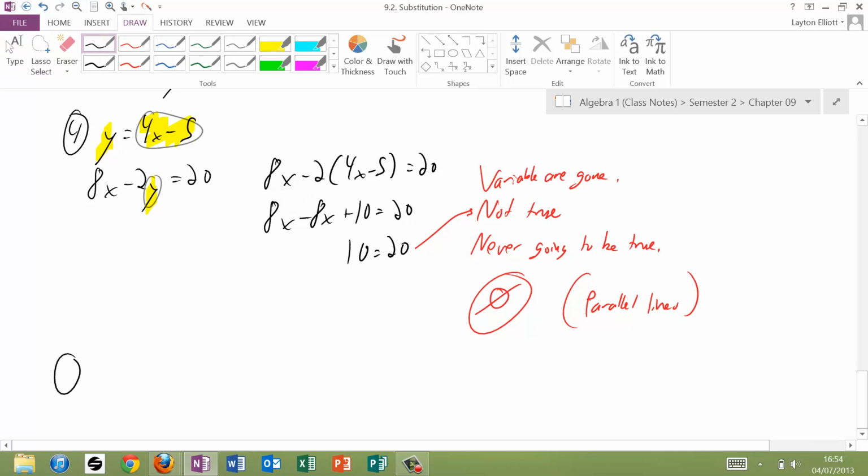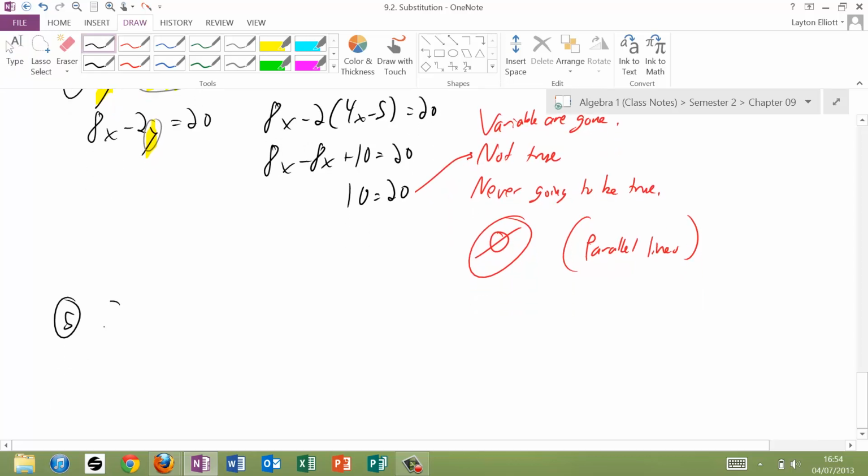Okay, number 5. I have 2x minus y is equal to 1, and 3y plus 3 is equal to 6x. Well, the easiest thing to do here would be to take the first equation and solve it for that y. So I'd get 2x minus 1 is equal to y.